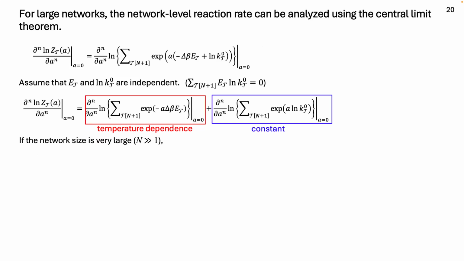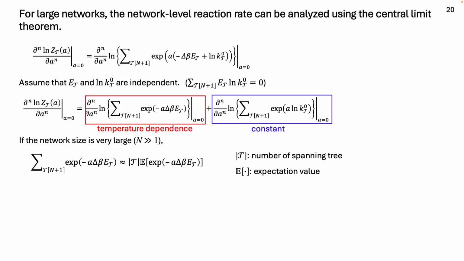And if the network size is very large, the summation of exponential minus A delta beta ET is the number of spanning trees times the expectation value of exponential minus A delta beta ET.